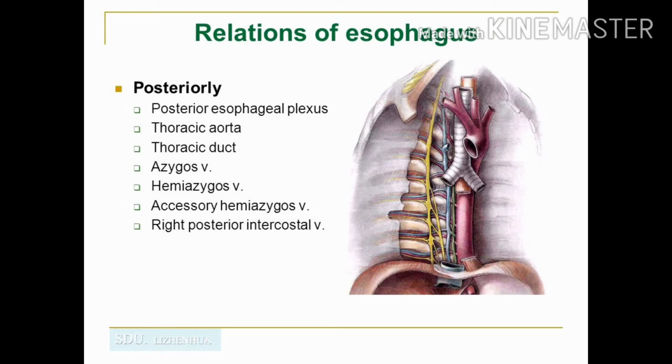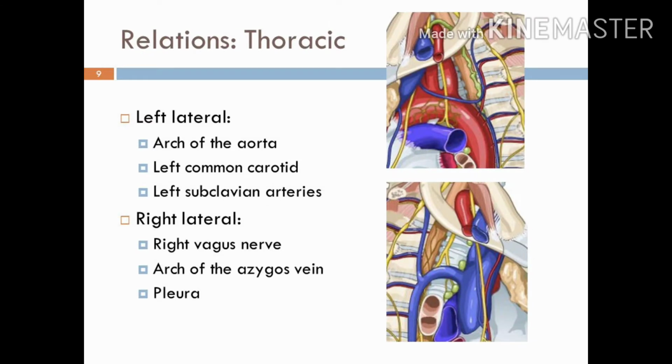Posteriorly, esophagus is related with the vertebral column, right posterior intercostal arteries, thoracic duct, azygous vein, hemiazygous vein at terminal parts and descending thoracic aorta. The structures related to the right side of the esophagus are right lung and pleura, azygous vein and right vagus nerve.